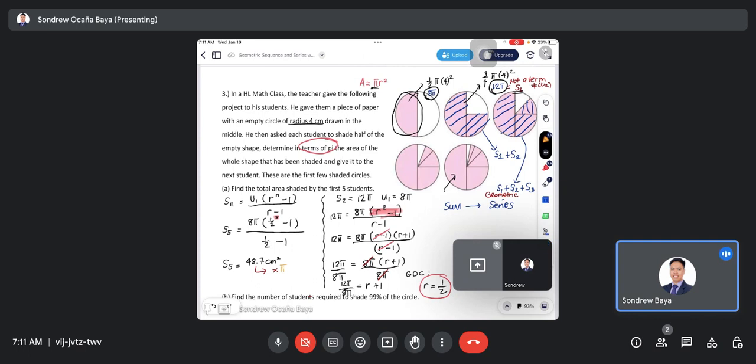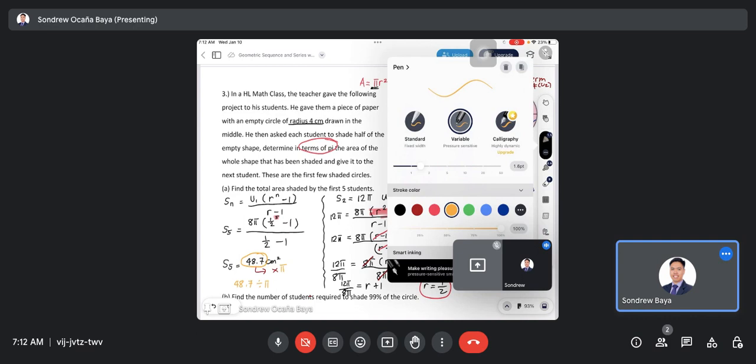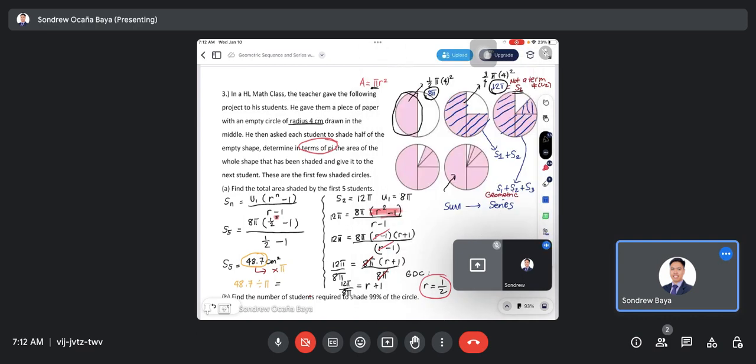So for us to get back pi, we can simply divide this 48.7 by pi, so that we can keep pi. So this will give us 15.5. And then we have pi.